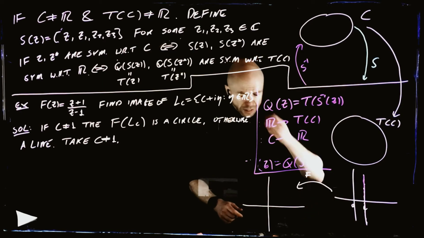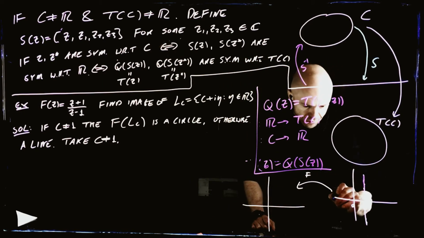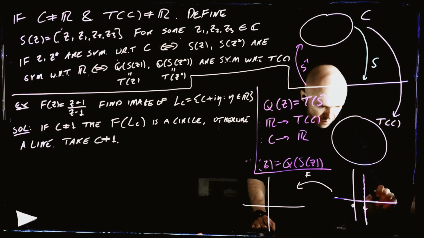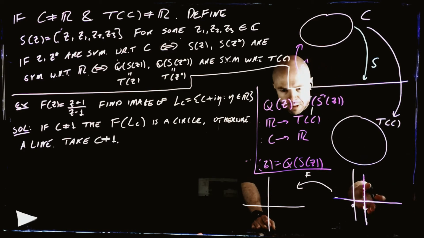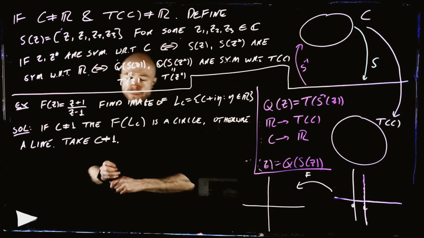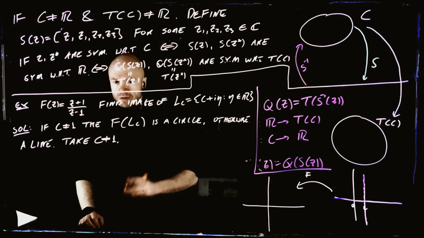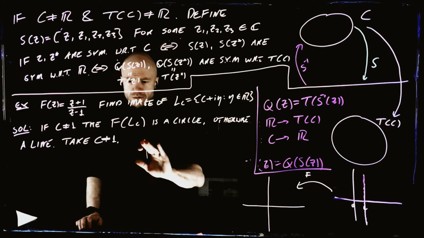But we want to begin by exploiting the fact we have angle preservation. So we see that this line is perpendicular to the real line. So let's think about what happens to the real line. See if we can understand that. So if we look at this thing applied to the real line, well, there's a couple things we can do.